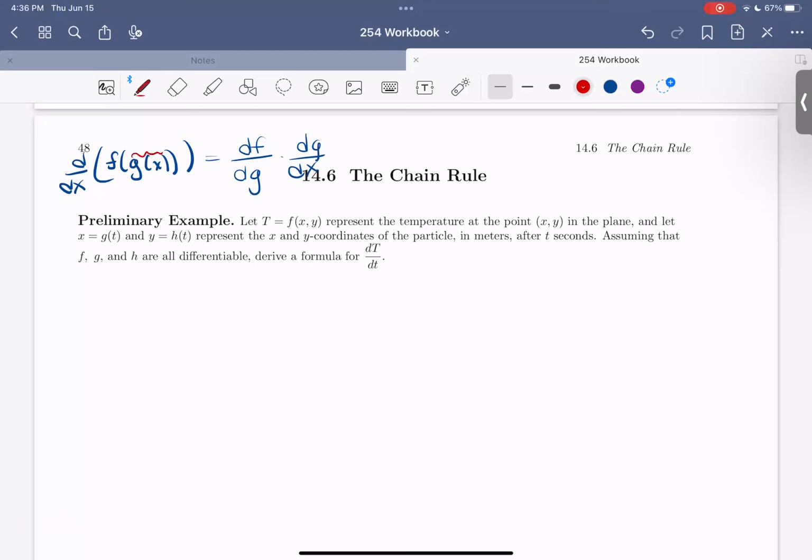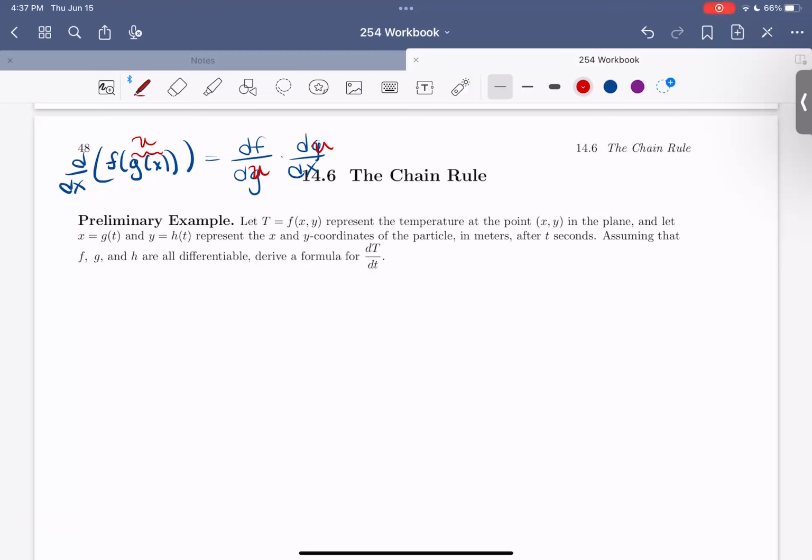Oftentimes, this g of x is denoted with a u, so that chain rule formula looks like df du, du dx. So the takeaway is that the chain rule is a procedure to take the derivative of a function that is a composition of two functions.